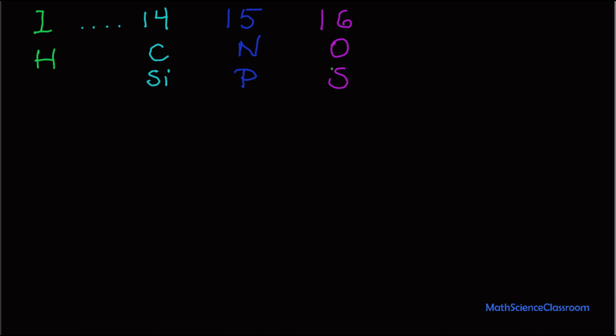So both oxygen and sulfur have 6 valence electrons, so they like to form 2 bonds. And 2 additional shared electrons plus the 6 present outer valence electrons fills up their octet.